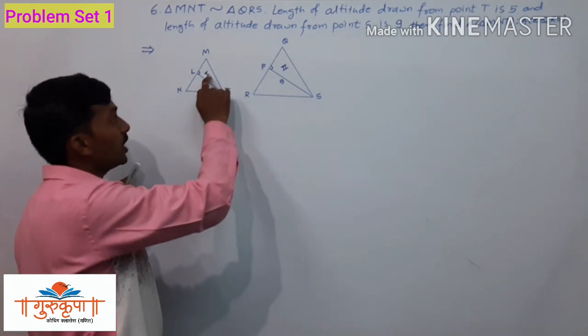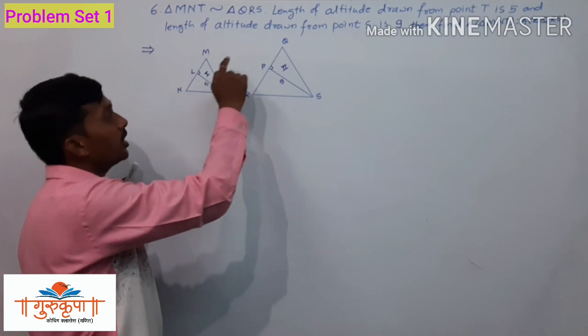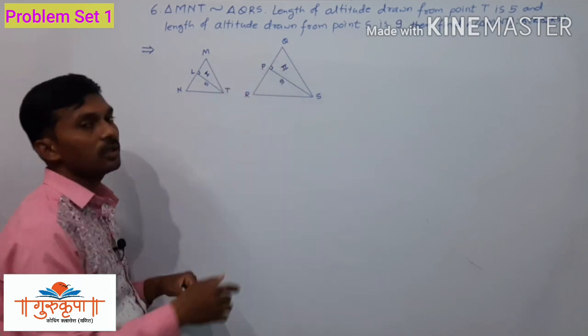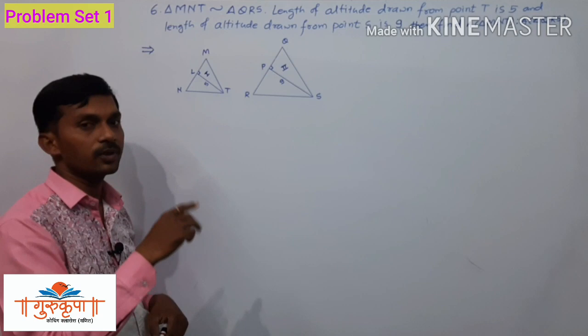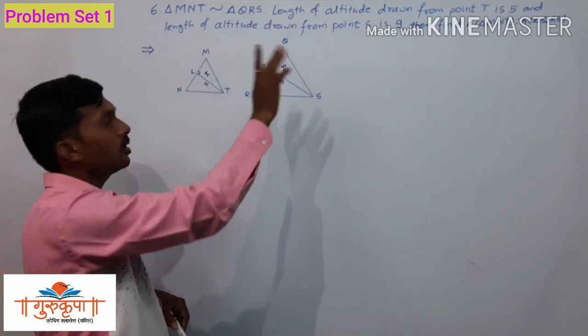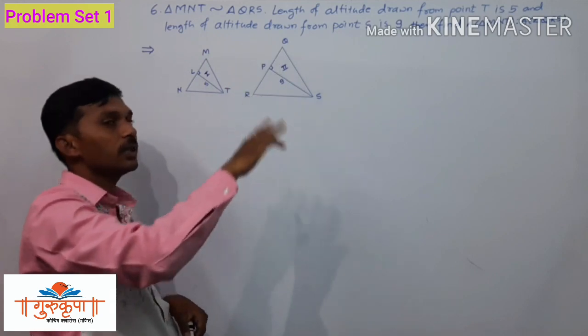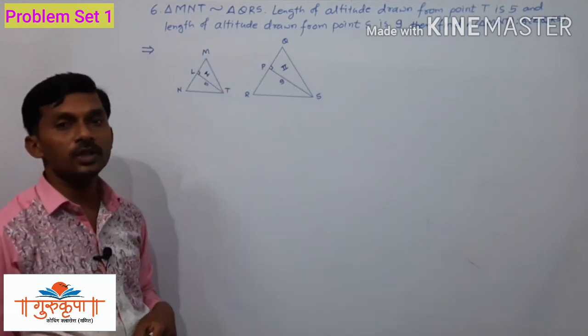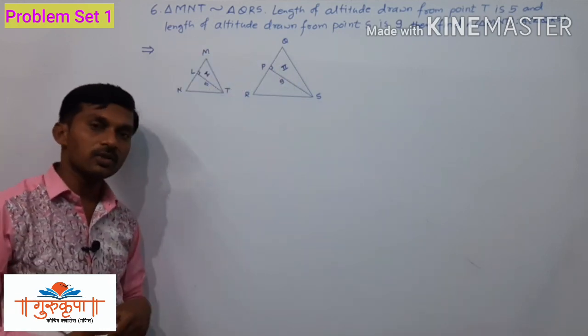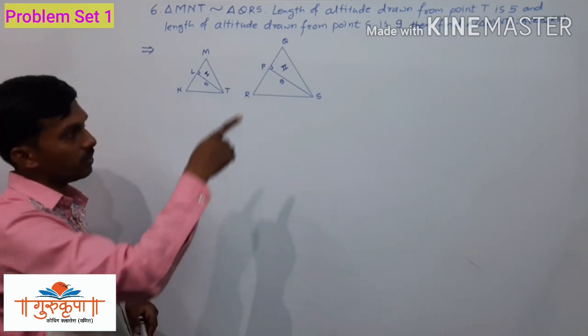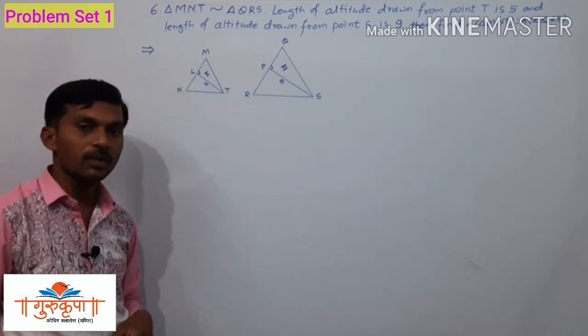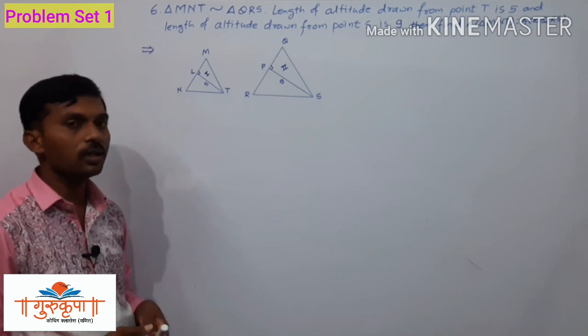By proving that this right angle triangle MLT is similar to triangle QPS. We have to prove that first, and then find MT upon QS. After getting MT upon QS, we use the property of the ratio of the areas of two similar triangles, and then we find the area of triangle MNT to the area of triangle QRS.